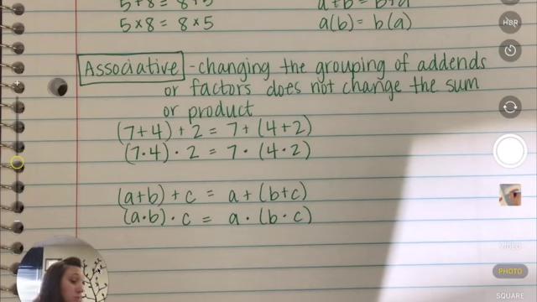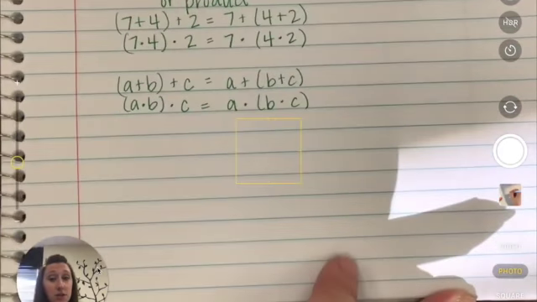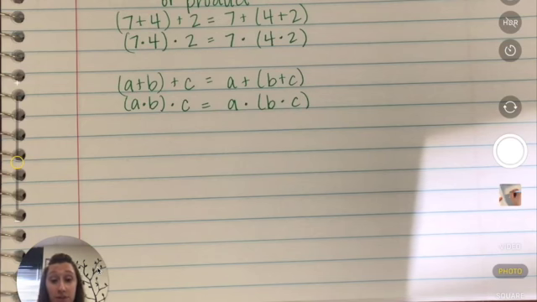So what we can do is use these properties to help us simplify expressions. When I'm simplifying my expression, what I'm doing is combining the terms that are similar or alike. So I'm combining constants together, or I'm combining variables that are the same.